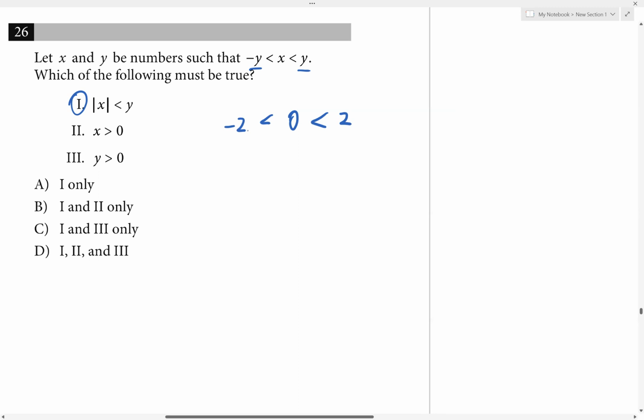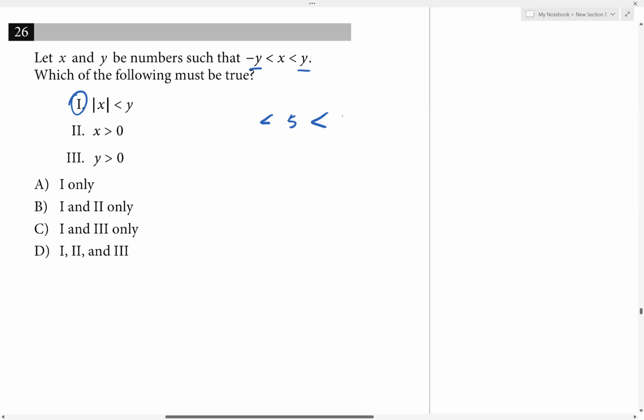Nothing wrong with that. So if you look at statement 1 real quick, it says the absolute value of x should be less than y. And that's true. No matter what this middle number is, if it's 0, using our example, the absolute value of 0 is less than 2. If x gets bigger, like 5, then y has to be bigger than that, so I have to change the y value in order for the inequality to work.